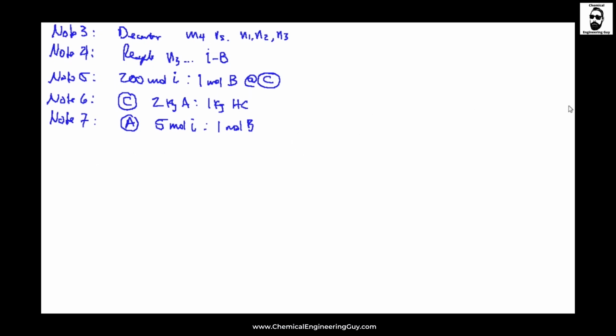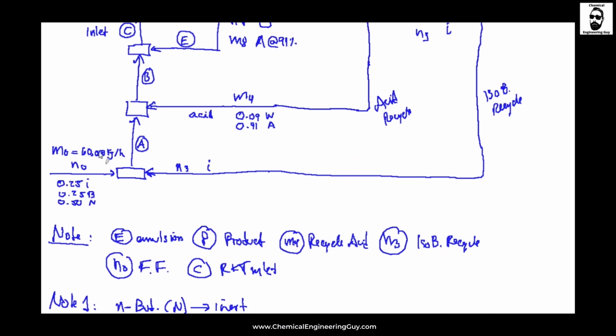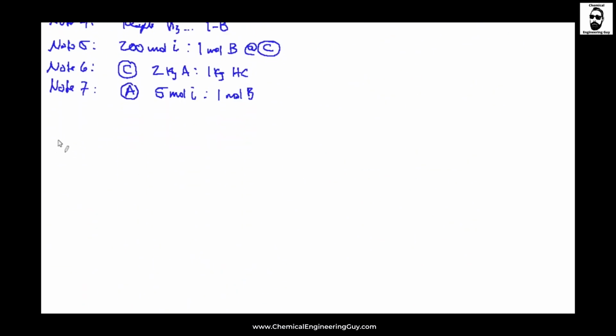The first thing I want to do is to turn these 60,000 kilograms to moles. How do I do that? You know that moles equals mass divided by molecular weight. The problem here, guys, is that it's a mixture, so we're going to calculate the average molecular weight. How do we do that?